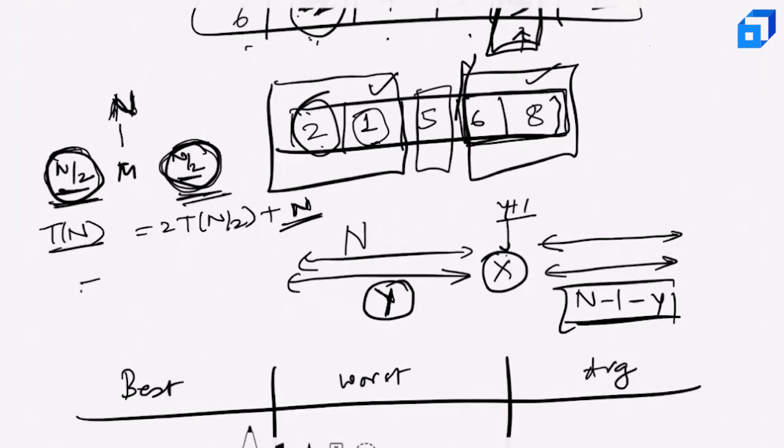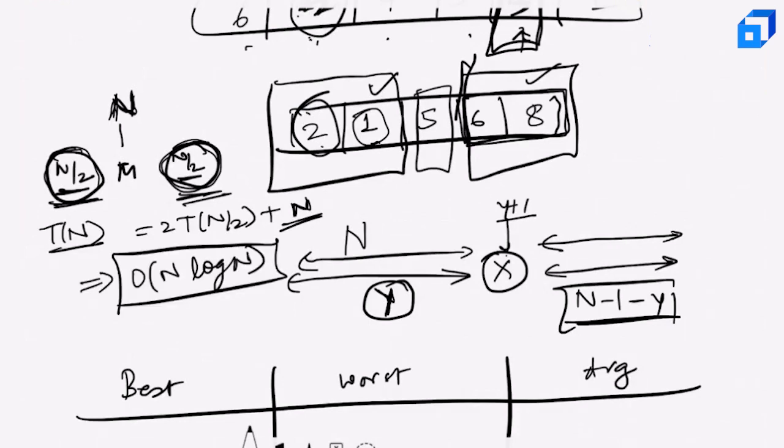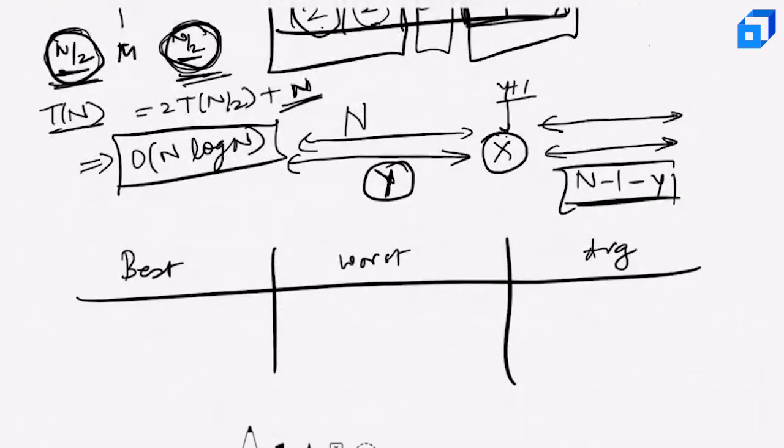And this basically comes to order of n log n. So if you are choosing the median as the pivot all of the time, then you end up sorting it in order of n log n. And by the way, this is probably not the best case. Best case is when your median is the best pivot every time, so you end up sorting in order of n log n.